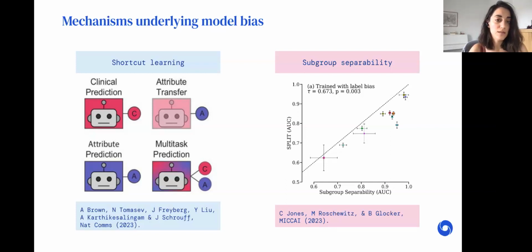So in this work that is about to be shown in Nature Communications, they show that the degree to which models encode for a sensitive attribute is actually a poor measure of the degree to which that attribute may be used. So this supported previous work that demonstrated that the presence of sensitive attribute encoding by a model may arise incidentally.